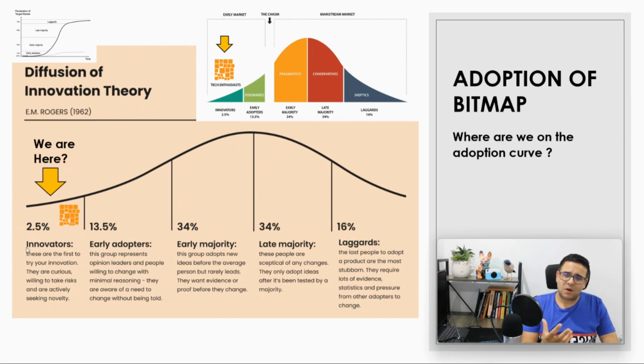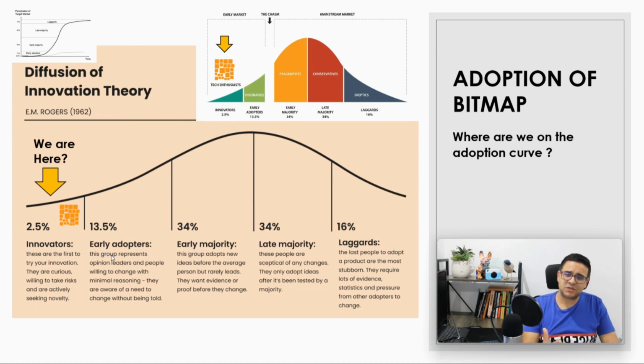That is why I still believe we're at the innovator stage, and maybe not that far away from it. Once some real projects start to take off and show the real potential of what Bitmap can bring to this space, then I do think we are going to enter the early adopters.